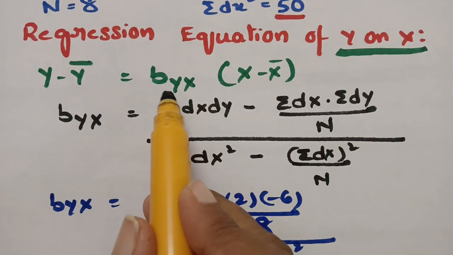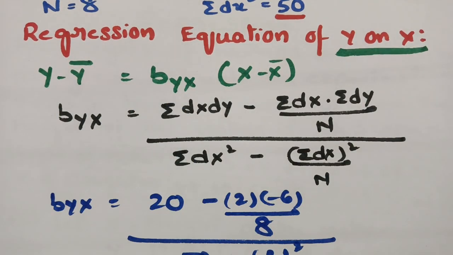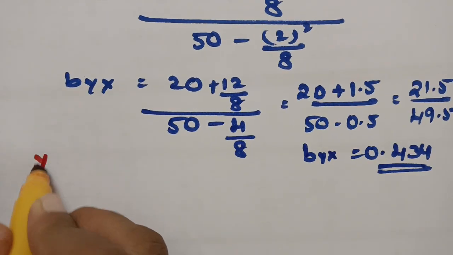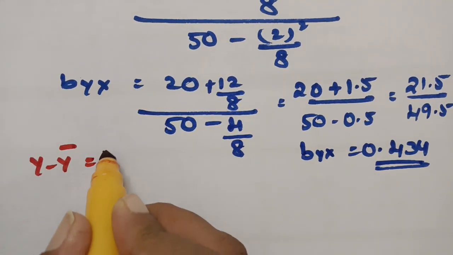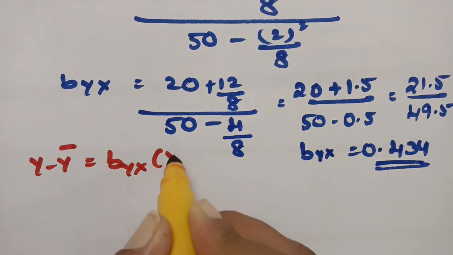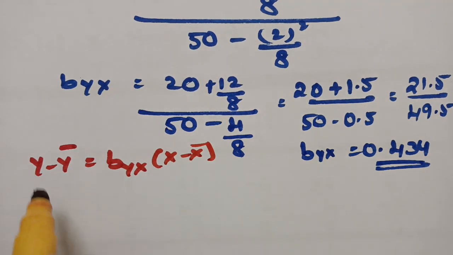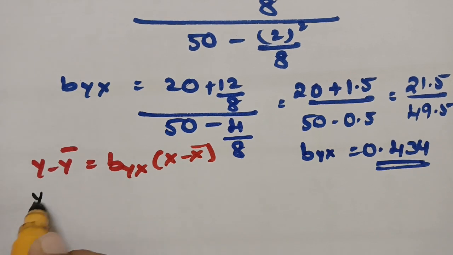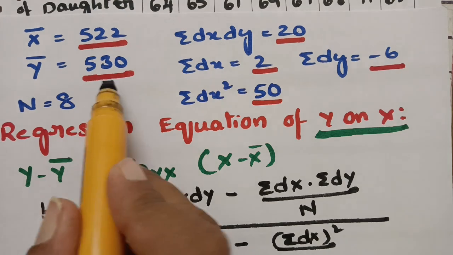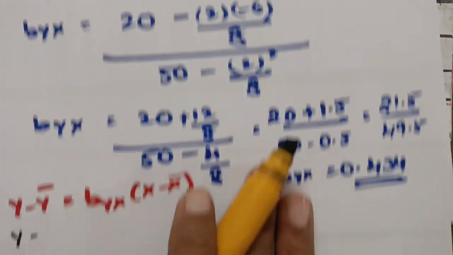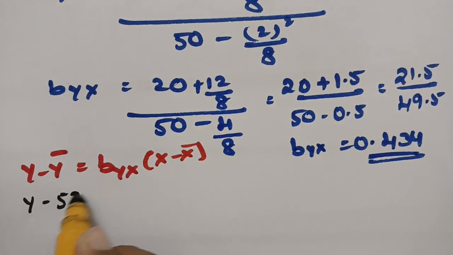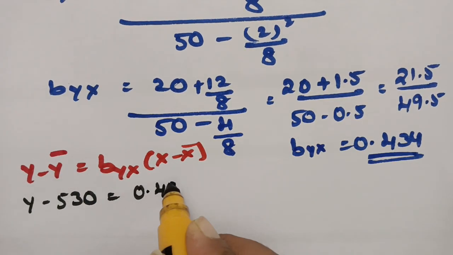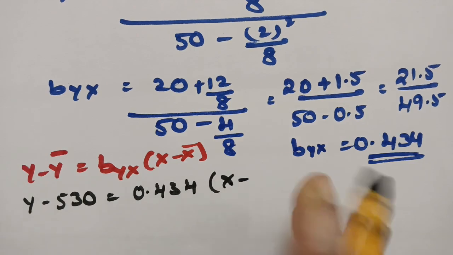Now we have to substitute here. The regression equation of y on x is nothing but y minus y bar is equal to b y x into x minus x bar. If I show you what is y bar here, y bar here is 530, and b y x is equal to 0.434, into x minus x bar.